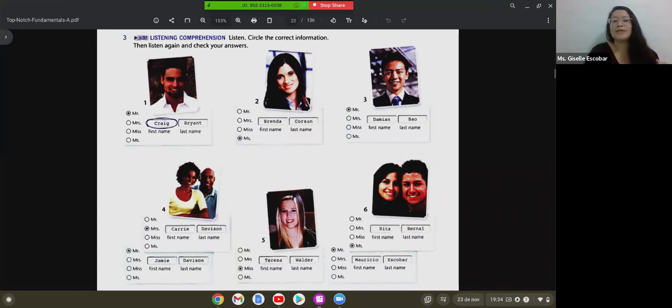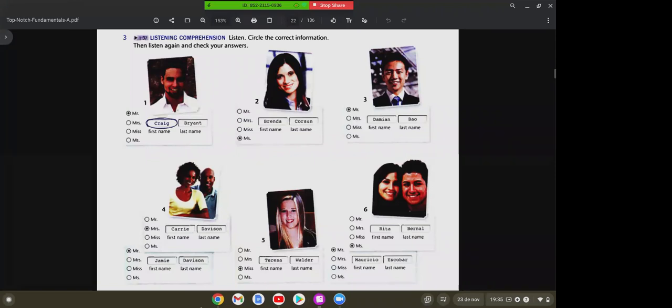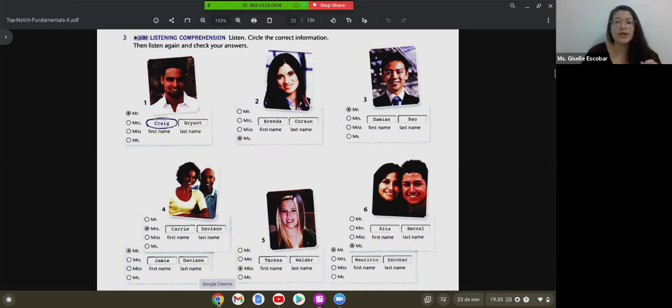Pueden escribir las respuestas, okay? So we have an example here. Dependiendo de lo que escuchen en el audio, pueden escuchar encierra el apellido. Entonces solo van a escribir el apellido. Encierra el título. Solo van a escribir el título de la persona de la que estén hablando, ¿ok? Ready. Let's listen to the audio.